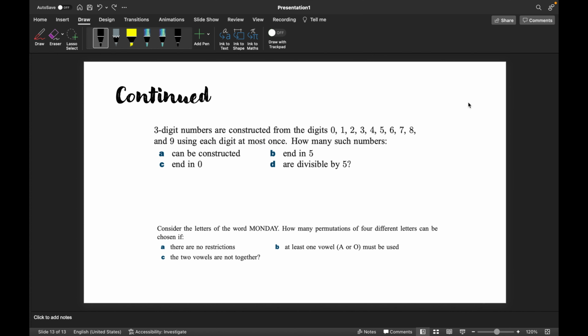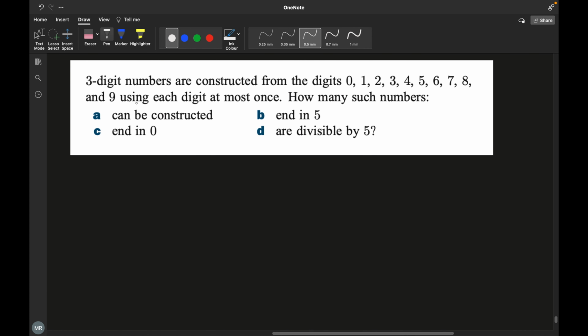3-digit numbers are constructed from the digits 0, 1, 2, 3, 4, 5, 6, 7, 8, and 9, using each digit at most once. How many such numbers can be constructed? We have 3 digits. So the first can be occupied by 9 digits, because if we put 0 here, then it's going to become a 2-digit number.